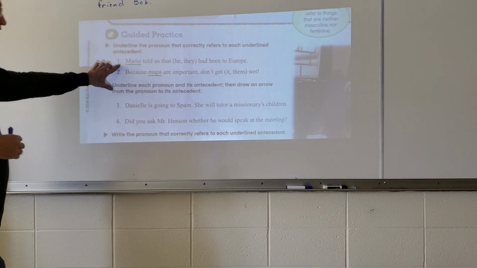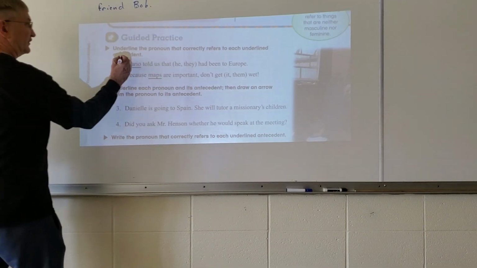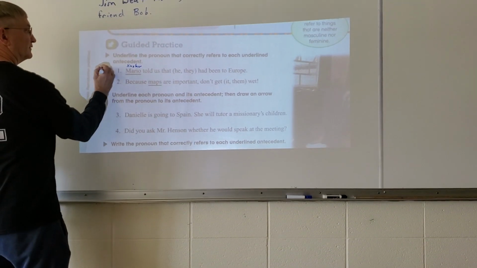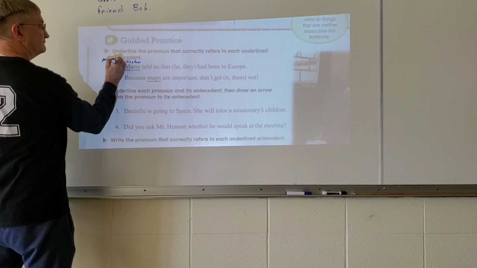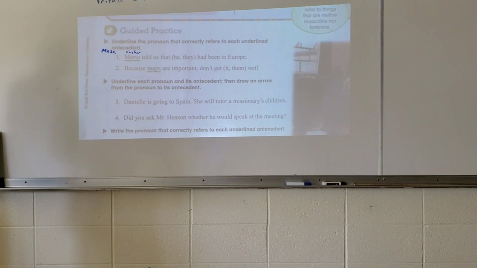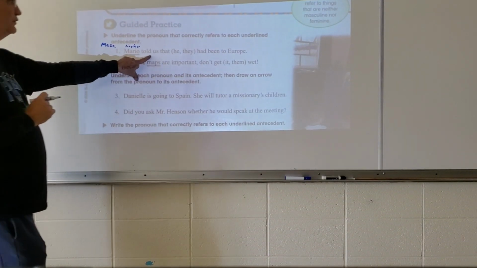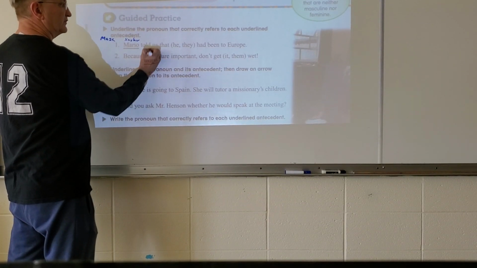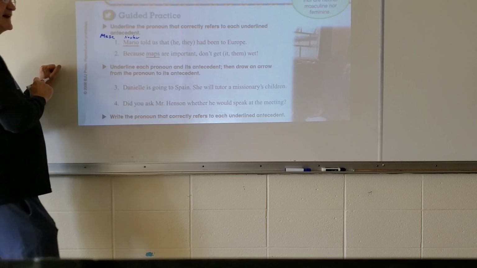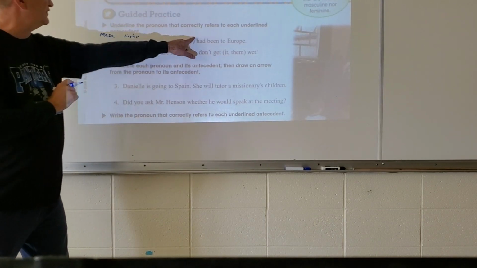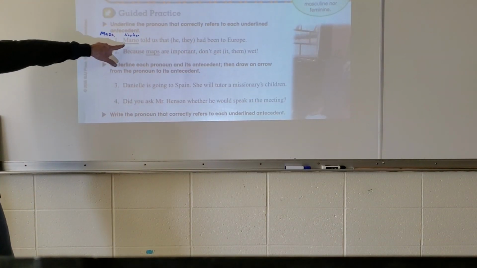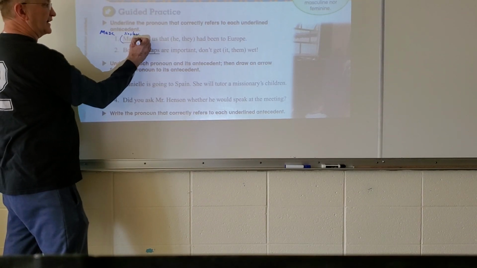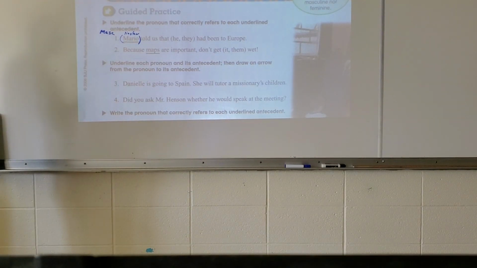So you have a practice. Mario is singular. And he's masculine because it's a male. Mario told who? Told us. All right, so us, that's a pronoun, but we're not worried about that because the sentence refers to each underlined antecedent. So we have the antecedent, and in the independent practice, I will do this.